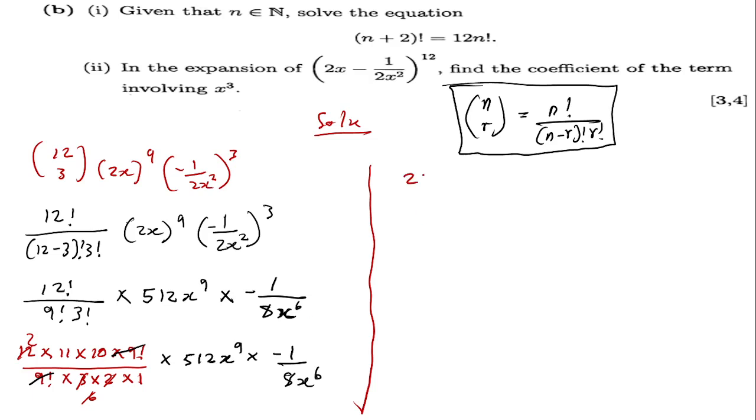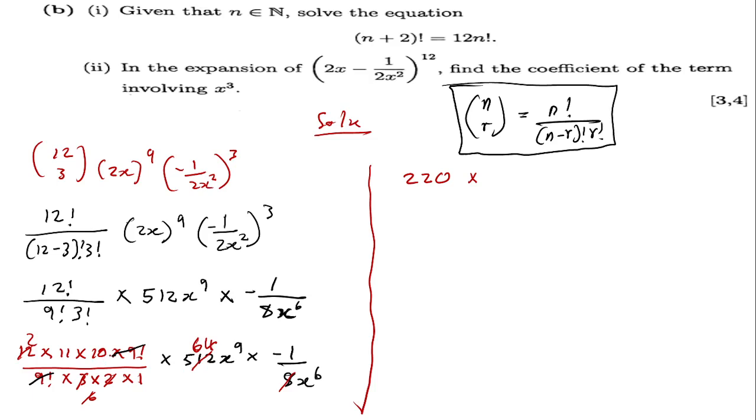So we have 220, and then times, we know the fact that this 8 into 512, it will give us 64. Yeah, 8 into 512, it's 64.